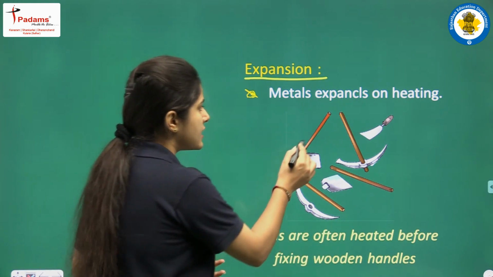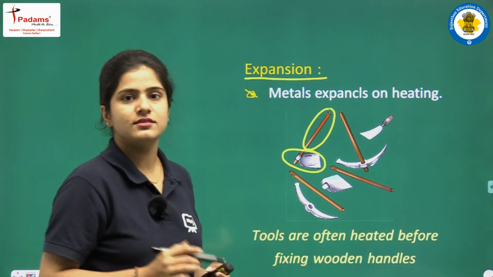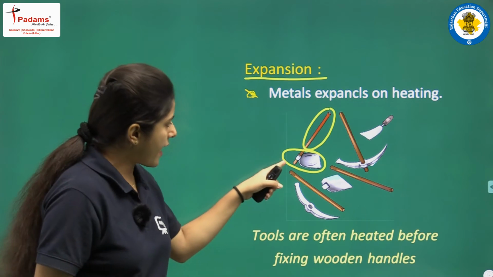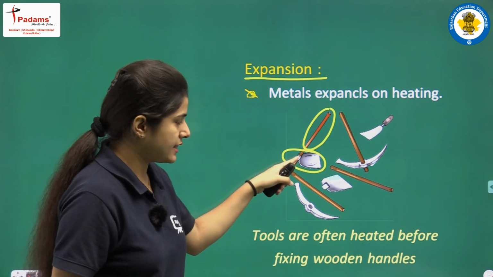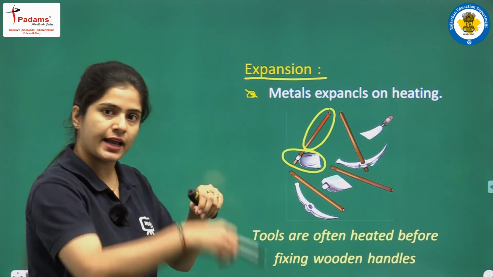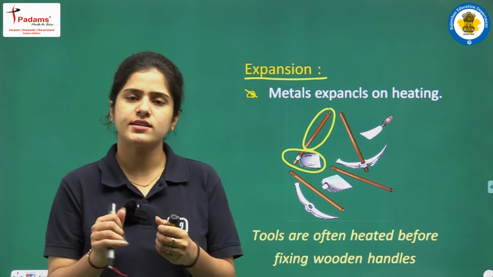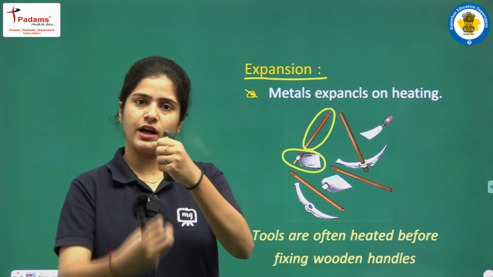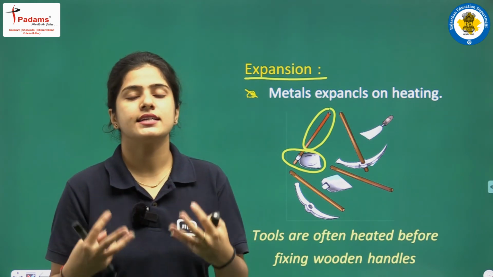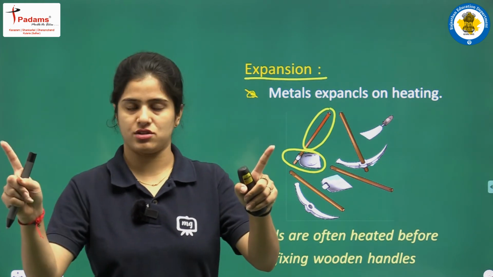You will have wooden stands, right, and these iron tools. So you have to fit these iron tools in the ring, with the help of this ring, in the stand of the wood, right? How is it fit so that it is not rolling out? This is happening because of the process of expansion and contraction, okay students.